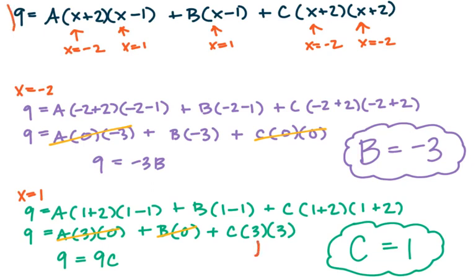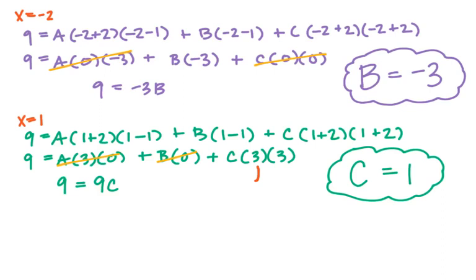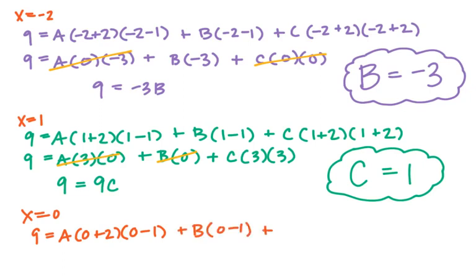So plugging x equals 0 into this equation at the top of our screen, I'm going to have to scroll down. If I use x equals 0, we have 9 equals a times (0 plus 2) times (0 minus 1), plus b times (0 minus 1), plus c times (0 plus 2) times (0 plus 2).